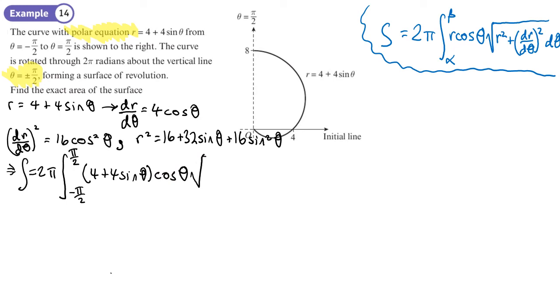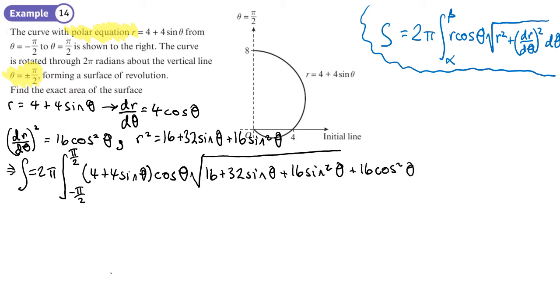And then it's the square root of r squared. So r squared we've got here, 16 plus 32 sine theta plus 16 sine squared theta, plus the derivative squared, which is plus 16 cos squared theta.